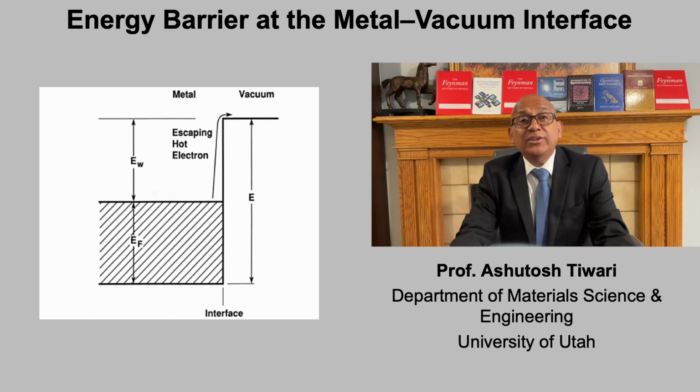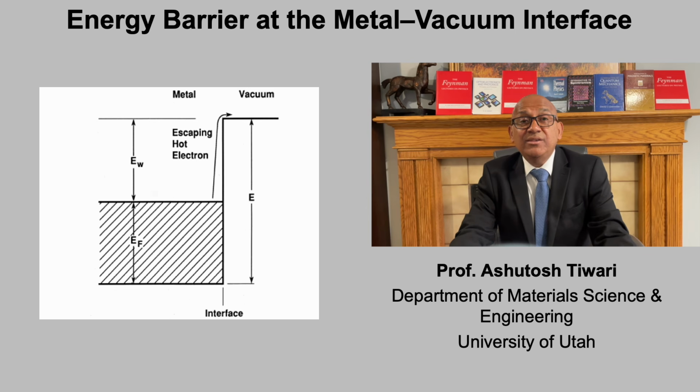To understand thermionic emission, we need to look closely at what happens at the metal-vacuum interface. Inside a metal, electrons occupy energy states up to the Fermi level, labeled here as EF. Even though electrons are free to move within the metal, they cannot leave the surface easily.